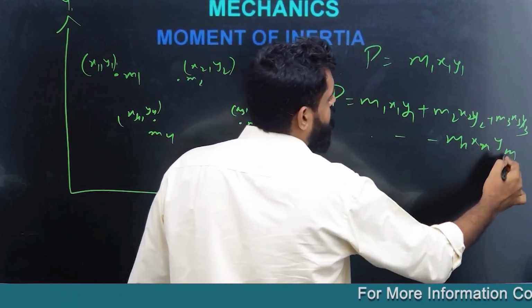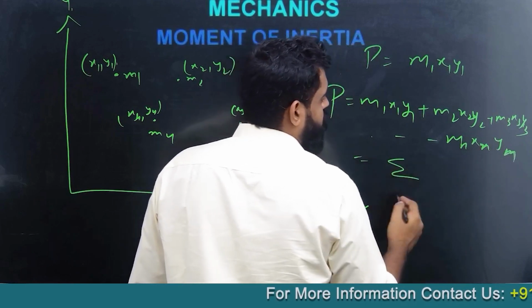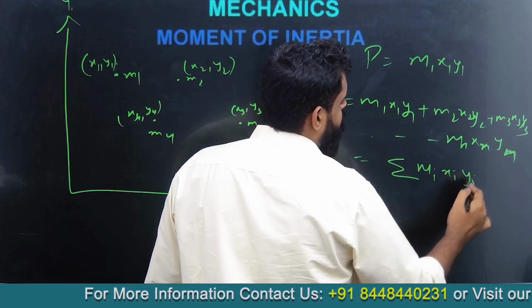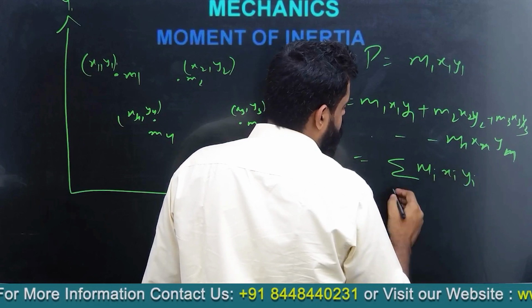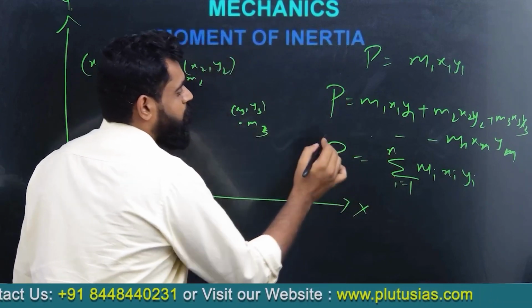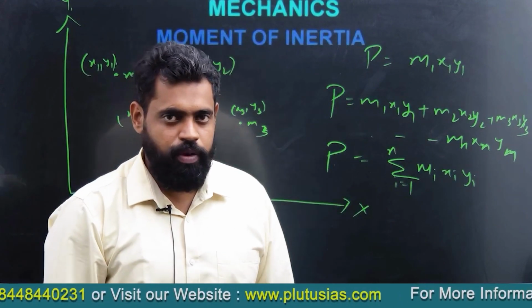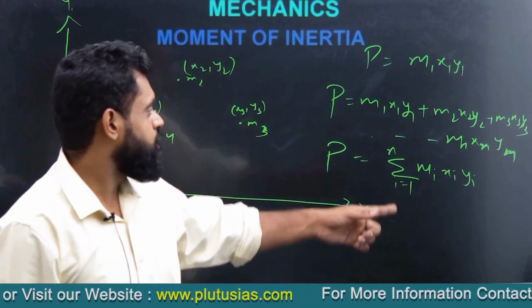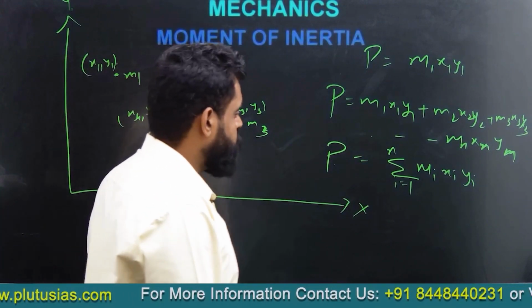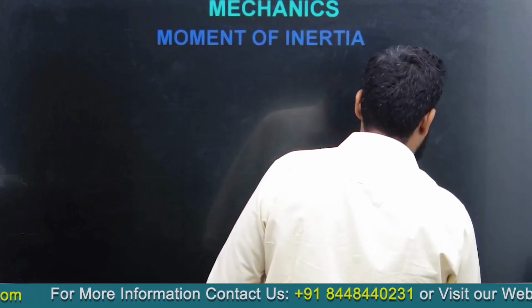This could be written in sigma notation as sum of mi xi yi, where i is from 1 to n. This is the product of inertia, and for a continuous body you can understand it would be the integration of that.